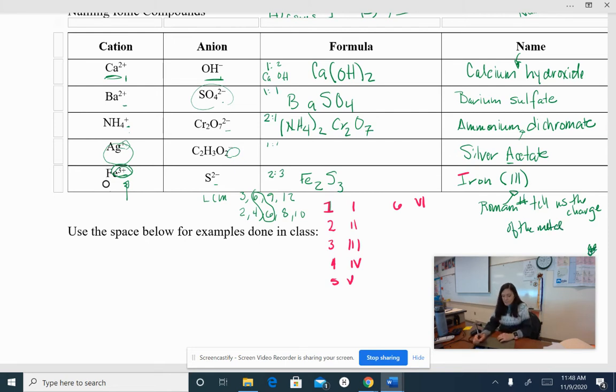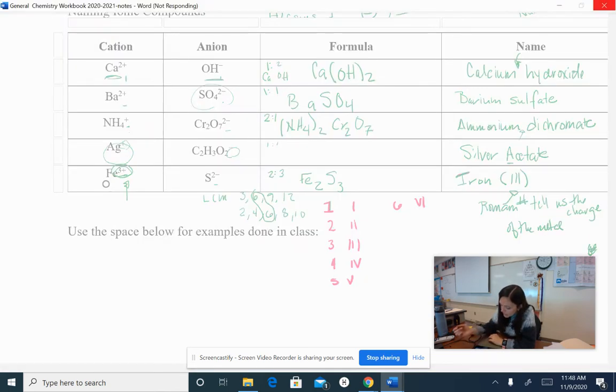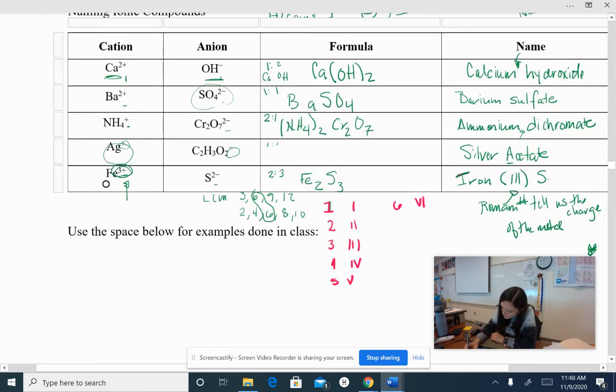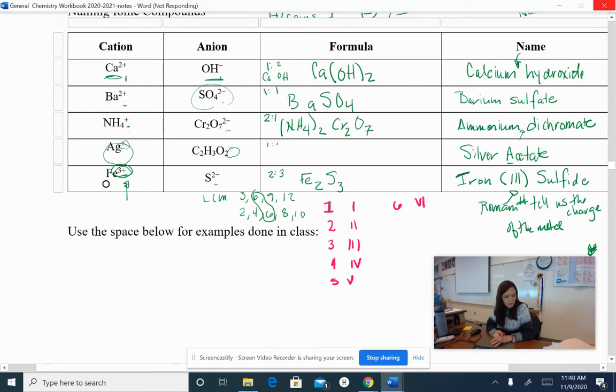So that 3 tells us that the iron is a +3, and we're going to put it in parentheses, and then we end with sulfur. Now remember, this is a binary, so we need to end in "ide." So the root of sulfur is sulf, so we're going to call this sulfide. Okay, let's do a few more examples here.